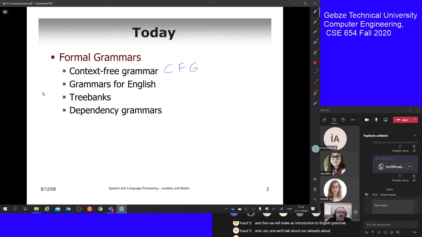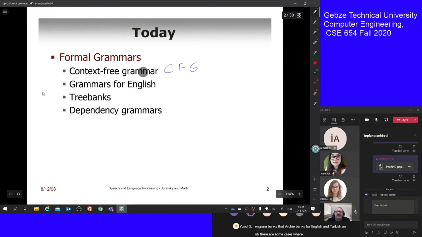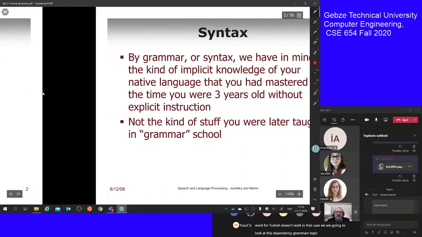It's like the part of speech banks or the n-gram banks. There are tree banks for English and Turkish. There are also some cases where the context-free grammar approach or the regular grammar approach for English or Turkish doesn't work. In that case, we are going to look at dependency grammars. That's what we're going to do.